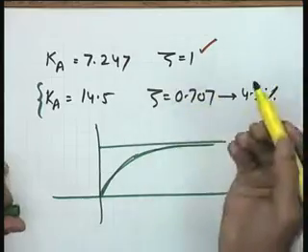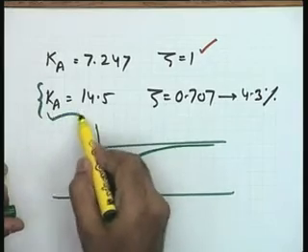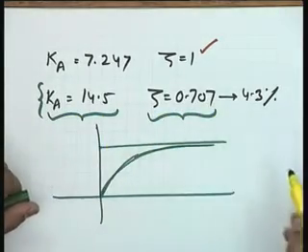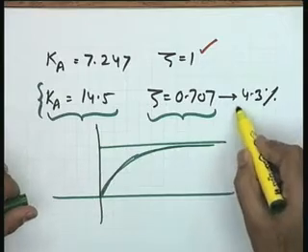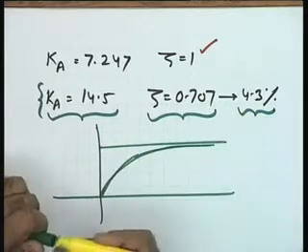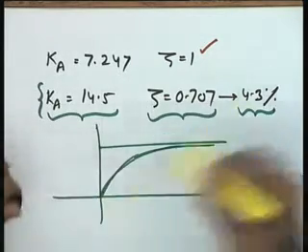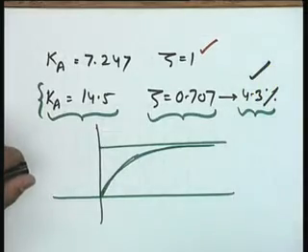So in this particular case, it means I will really like to go for a moderate value of zeta, and now using the same formula I get Ka equal to 14.5, which gives me zeta equal to 0.707, which gives me peak overshoot equal to 4.3%. All the calculations you can verify easily. Now you can see that as far as peak overshoot is concerned, maybe it is acceptable. 4.3% is not a large peak overshoot.